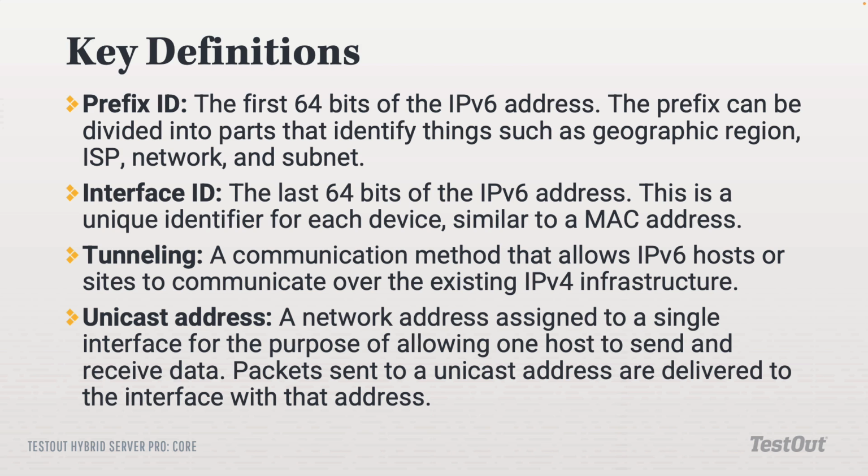Okay. Tunneling is what we do when, like at the ISP level, we are running IPv6, but we're not running IPv6 out to clients. They're still on IPv4. So in order to have this network interface, we have to either NAT those addresses.